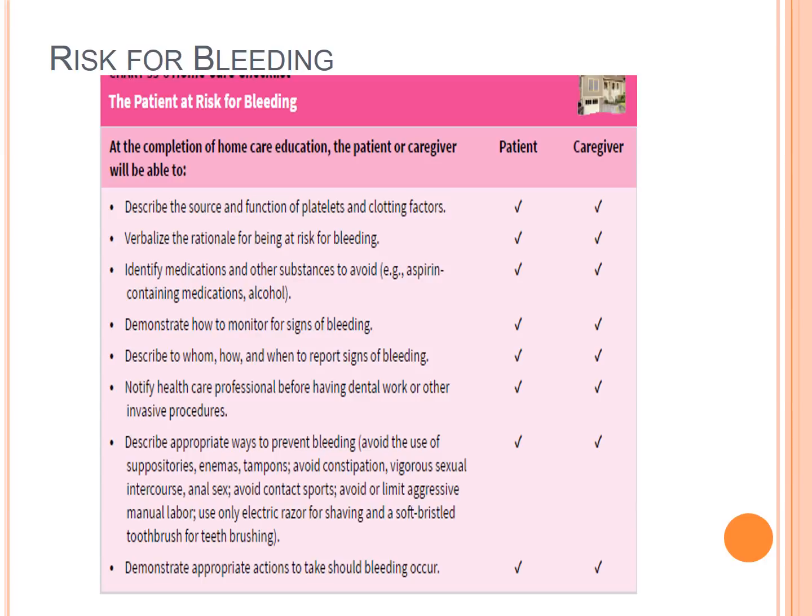So they might be on a stool softener, that sort of thing. Okay, so they should really understand why they're at risk for bleeding. It's because of the abnormal platelet counts, and what they are looking for to show them that they are worsening or really exhibiting signs and symptoms that their platelet count's getting dangerously low.